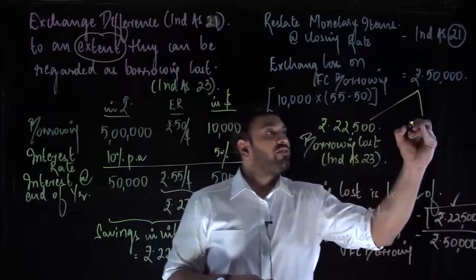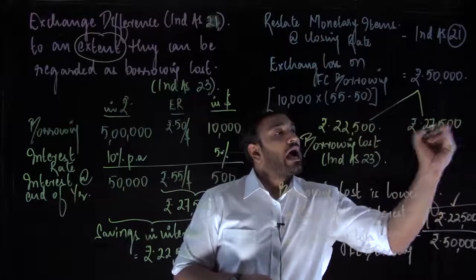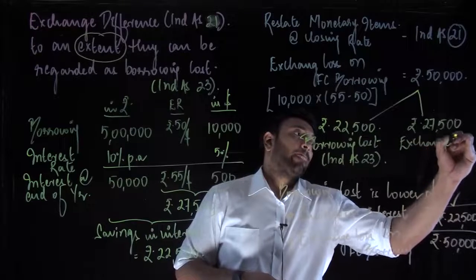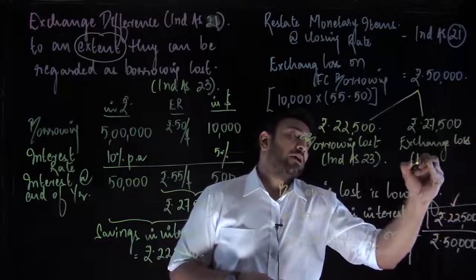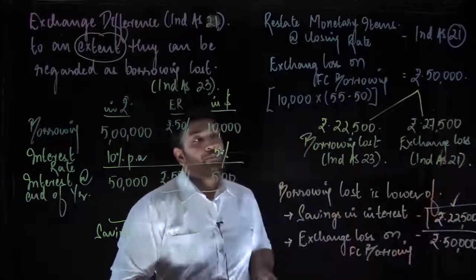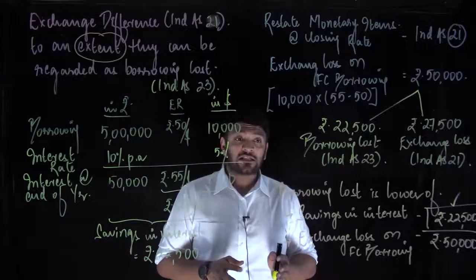While to an extent of the balance amount, that is 27,500, I will treat it as exchange loss as per Ind AS 21. This is what we understand as far as exchange losses are concerned.